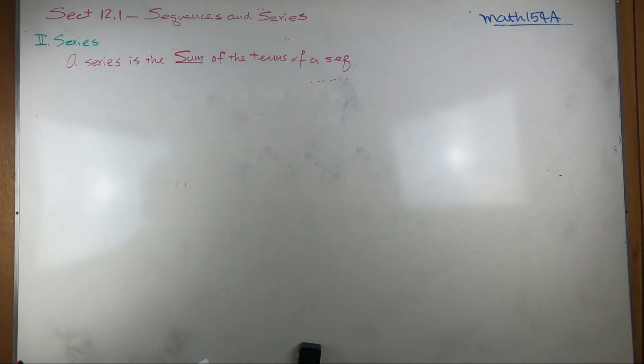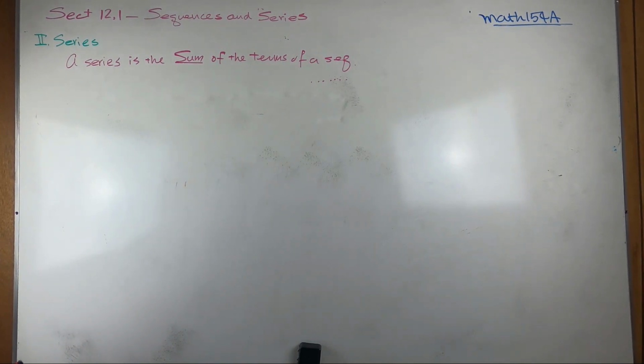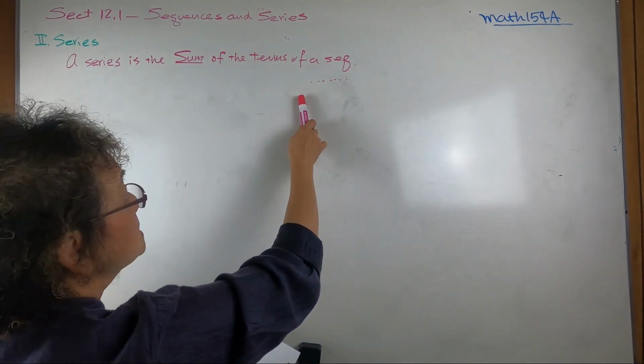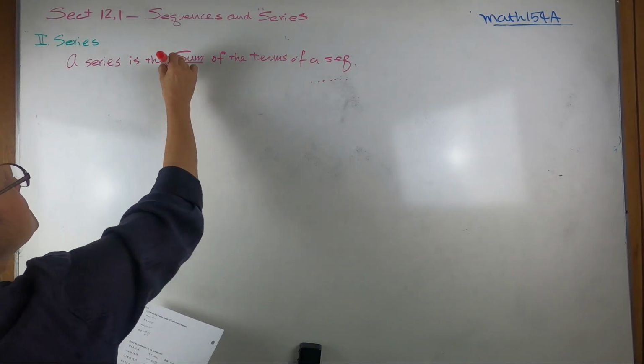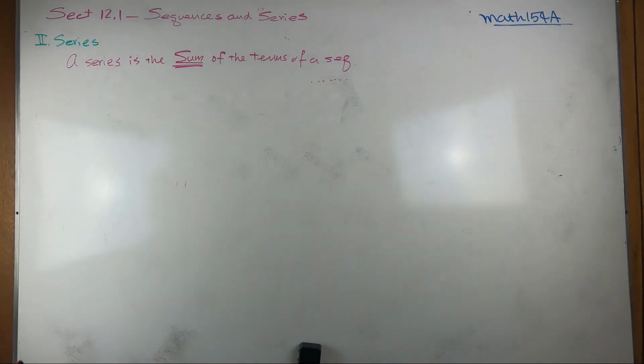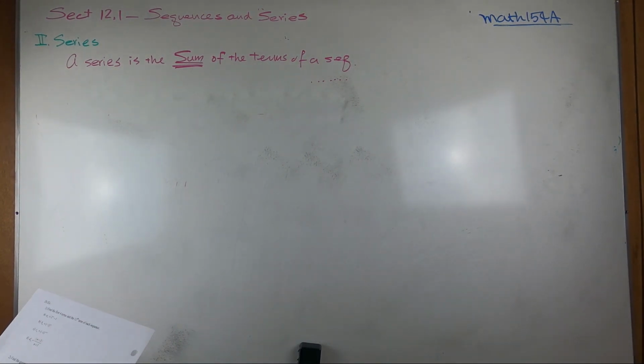So individual events, day 1, day 2, day 3, how many various cases we might have, right? So it's a sequence of events. The series means what? The sum means total. When you add up all the total cases we might have, then we call it a series.